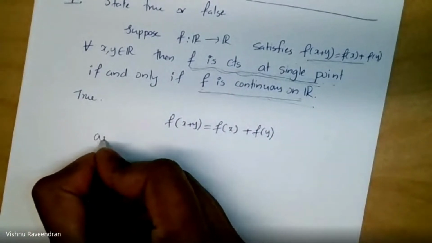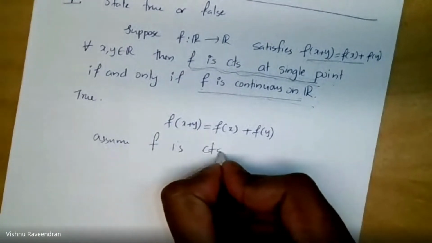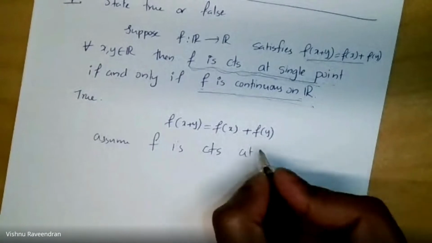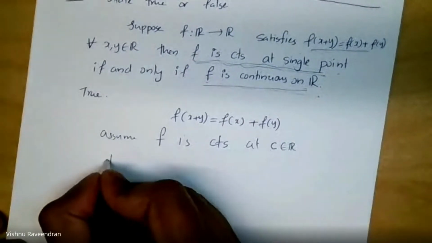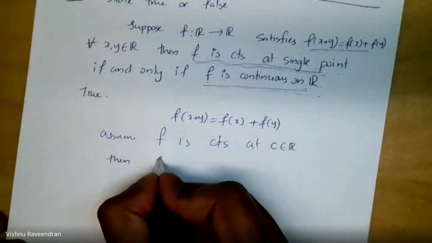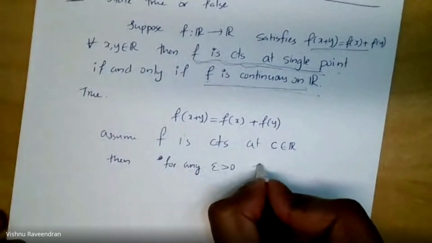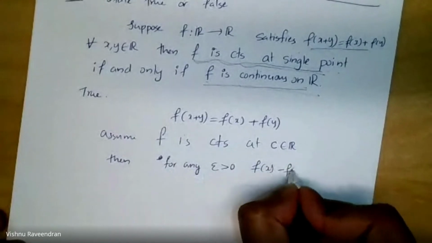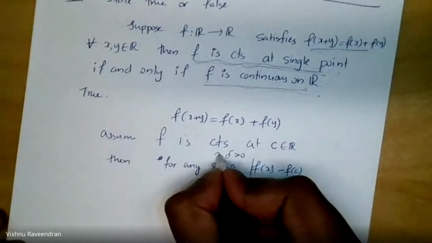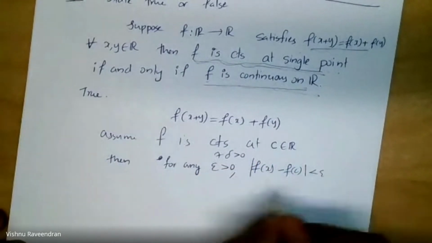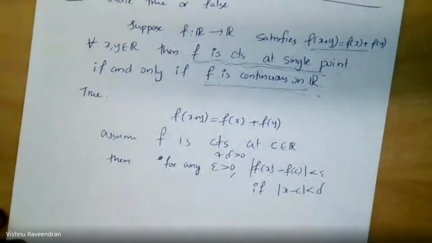So assume f is continuous at a point, for example, C. Then we have the information that for any epsilon greater than 0, there exists a delta greater than 0, such that if mod of x minus c is less than delta, then mod of f of x minus f of c is less than epsilon.